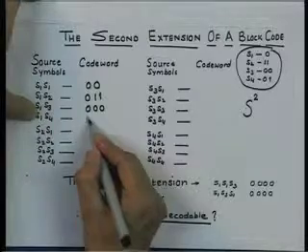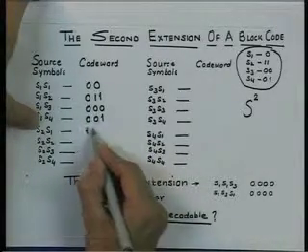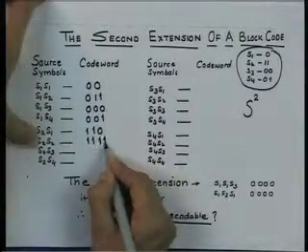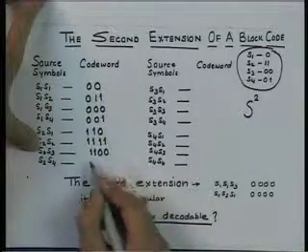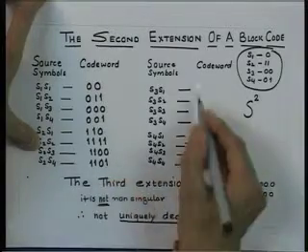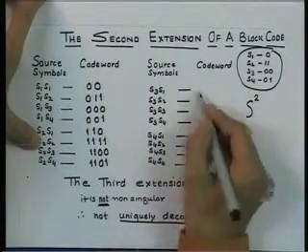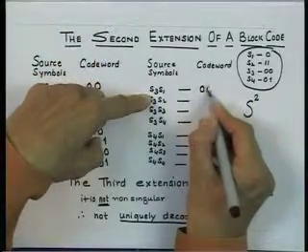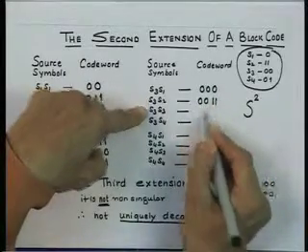The concatenations of the respective code words give us the code word for the extension. So, S3 is 0, 0, S1 is 1, so S3, S1 is 0, 0, 1, 1.